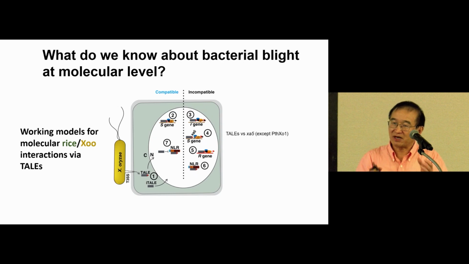At the same time, the bacterial TAL effector can depend on the general transcription factor. One of the general transcription factors is the TFIIA gamma subunit. In rice, there's one mutation, one base pair or one amino acid change, that converts the TFIIA gamma subunit into the resistance gene xa5, which is the recessive susceptibility or resistance gene.